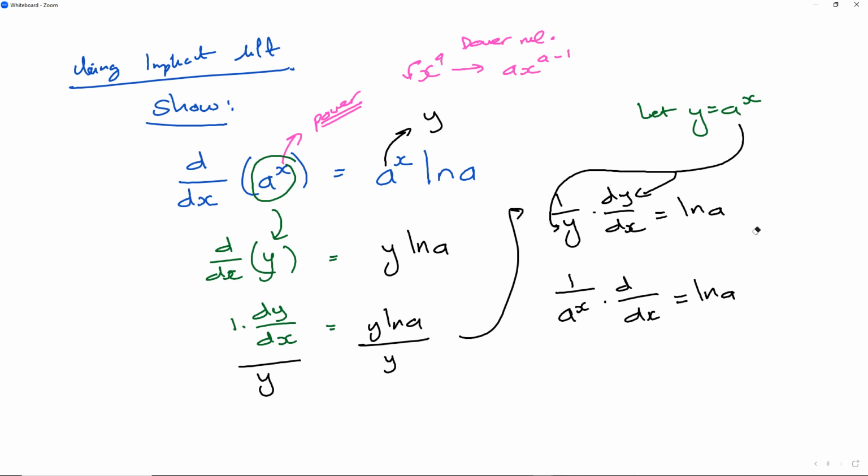So what am I actually going? d of a to the power of x, which is y, over dx equals ln a. If I move this back up again, I've got the derivative of a to the power of x with respect to x is equal to a to the power of x ln a.